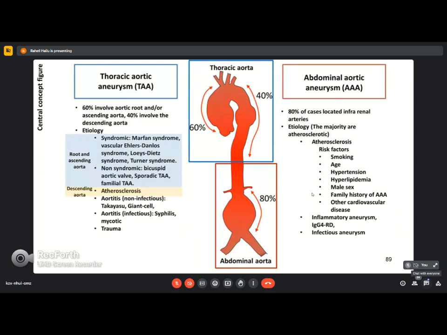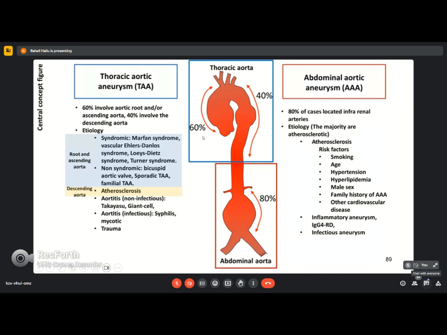So this is basically a summary of what we discussed about what causes, and what is the morphologic appearance of, abdominal aortic aneurysm and thoracic aortic aneurysm. So thoracic aortic aneurysm can occur at the beginning, in the ascending part, and then in the descending part.